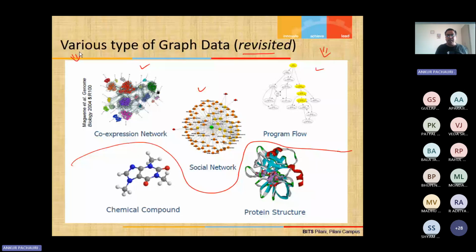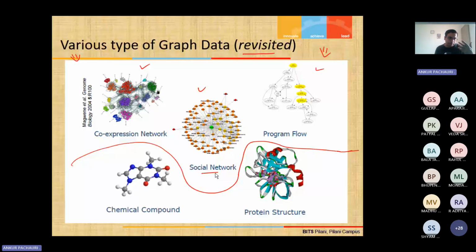We have devoted enough time to the various kinds of graph and how they are generated, and how even one social media graph, so one graph of Facebook, can be different from another graph of Facebook. The user interaction graph of Facebook can be different from the video sharing graph. Same for WhatsApp.